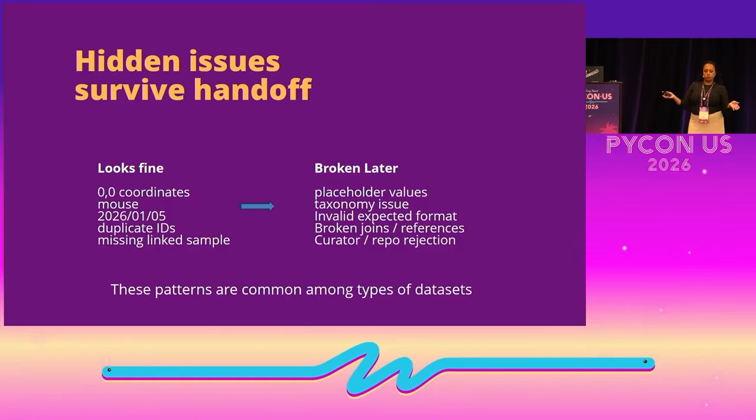If you have multiple files and updates, and you upload the wrong other file that doesn't have the information you're cross-referencing, that is an issue downstream. You might have uploaded the right number of files, and they're not the right files. These patterns are common across all types of data sets.